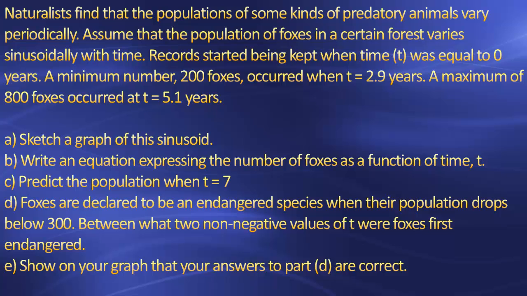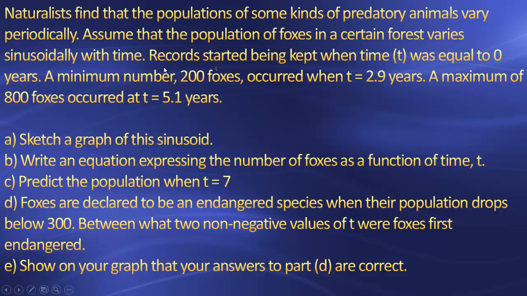So let's take a look at the one problem. So we have naturalists find that the population of some kinds of predatory animals, blah, blah, blah. Basically, they're saying that foxes in a certain forest vary sinusoidally with time. In other words, their population does that. All right. So records started being kept when time, which we're going to call t, was equal to 0.